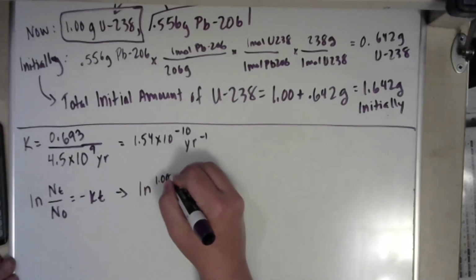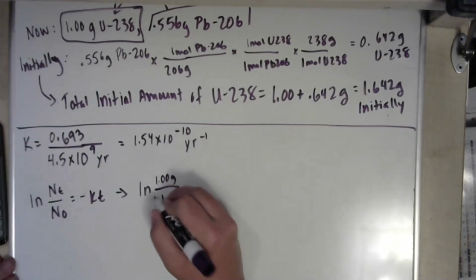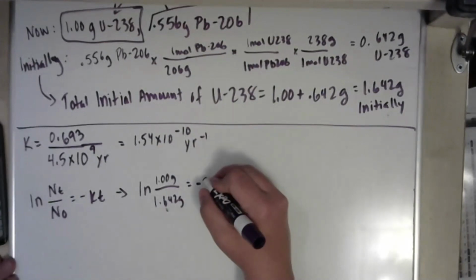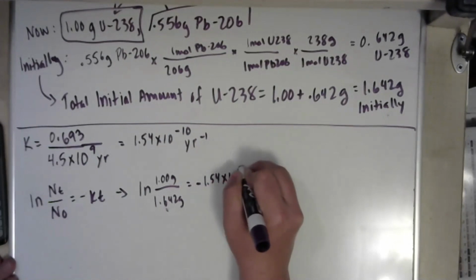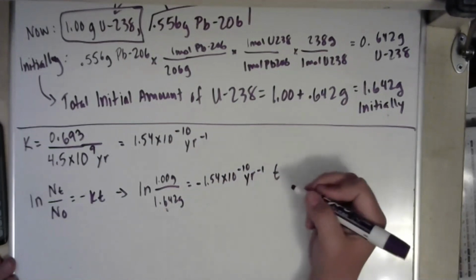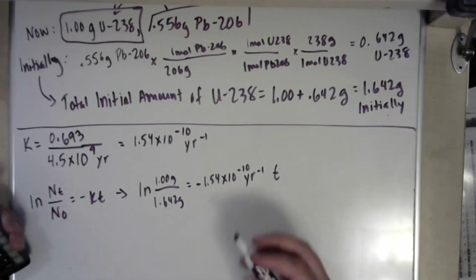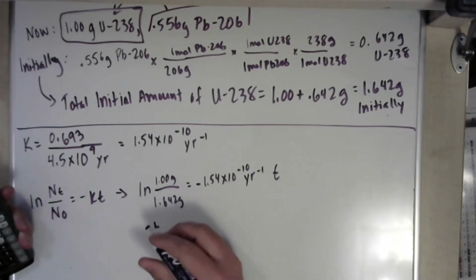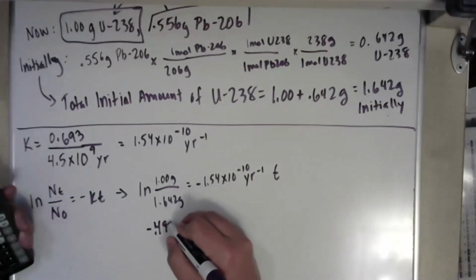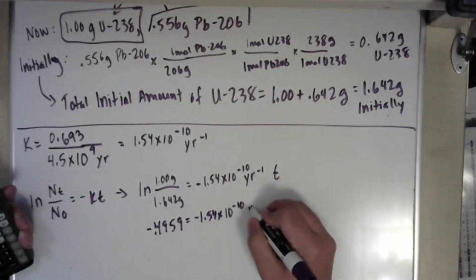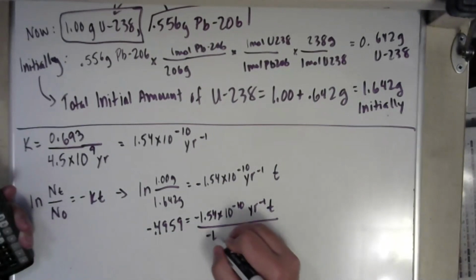So that's going to be 1 gram over 1.642 grams. We're going to divide both sides by negative k.